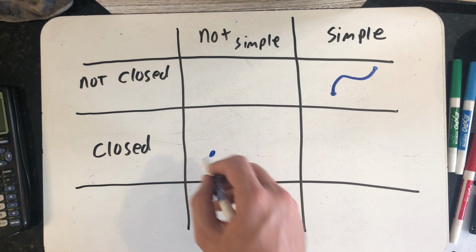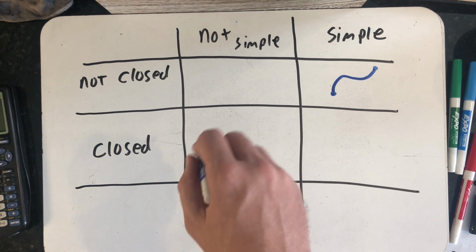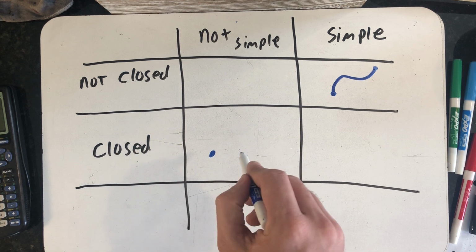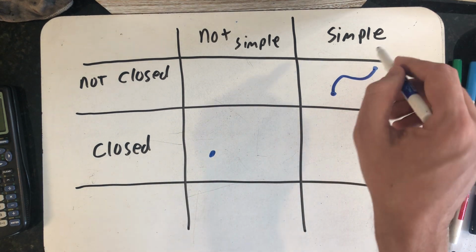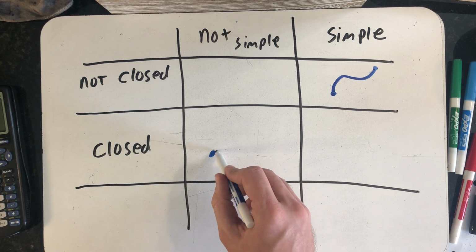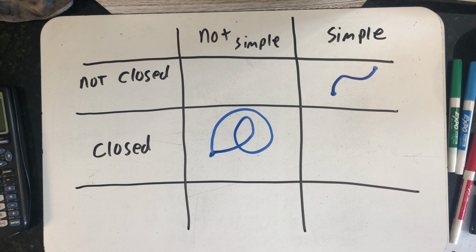So let's see, right here I've chosen the closed, so I need to draw a curve that begins where it ends, right? Starts and stops at the same point. But I'm also choosing the not simple part. So simple means it doesn't intersect itself, so here I need to draw something that begins and ends in the same place, but intersects itself. So that'll work. That is closed, but not simple.